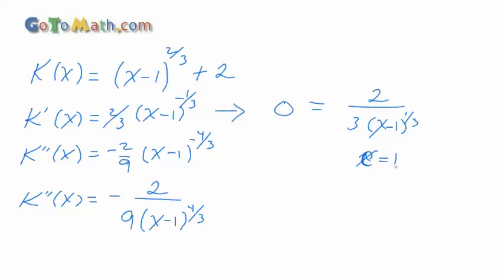Now, what we're going to do now is, well, we just have 1, don't we? So all we have to do now is take this 1, this critical number, plug it into our second derivative, and determine if it is a negative or a positive that we get out. Well, if we plug 1 in down here, we get 0.